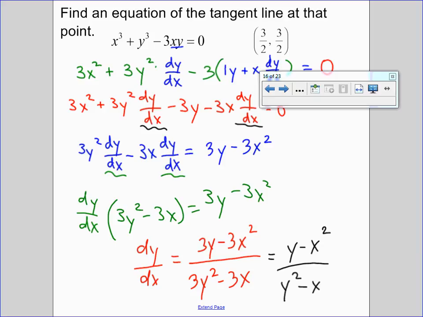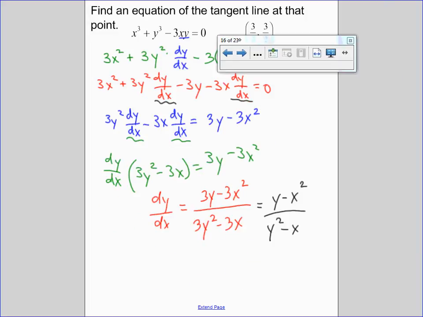All right. How's that? Okay? Let's do it. So what do we need to do? We need the equation of our tangent line. So again, we'll go to our regular y minus y1 is equal to m. Where am I going to get my slope m? I'll evaluate this at my point of concern.